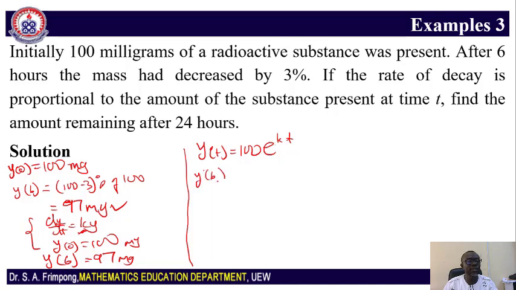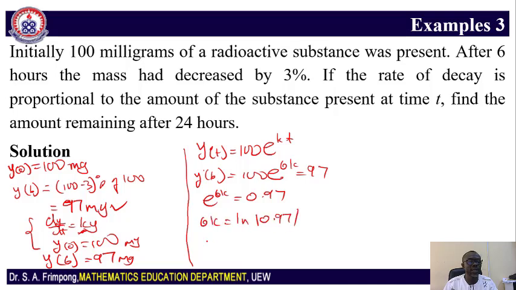So y of 6 is 100 e raised to the power 6k, and this equals 97. So e raised to the power 6k equals 0.97, and therefore 6k is ln of 0.97, and therefore our k is going to give us negative 0.00508.